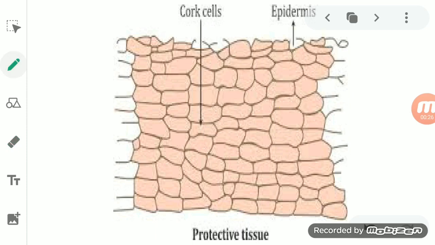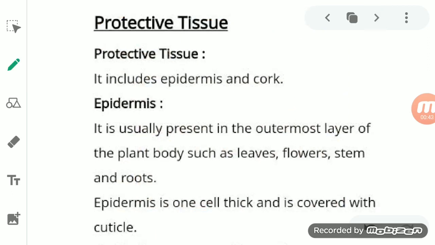You can see here, students, this is a protective tissue which is having epidermis, and the second one is the cork cell. Now we will start with the first one, the epidermis.